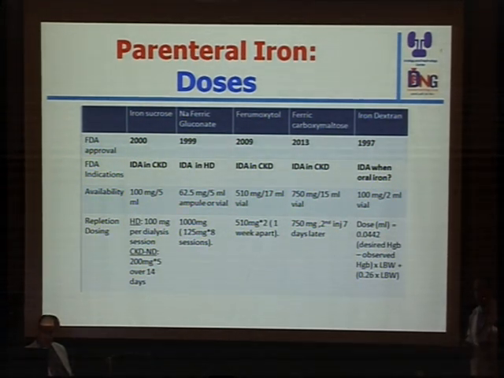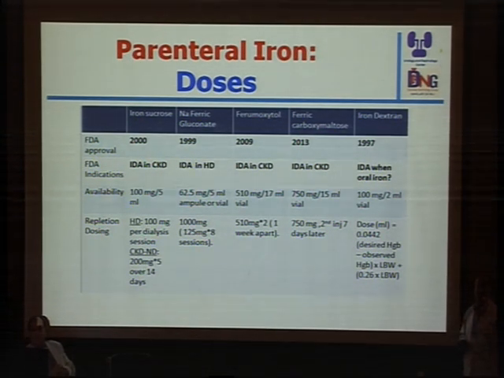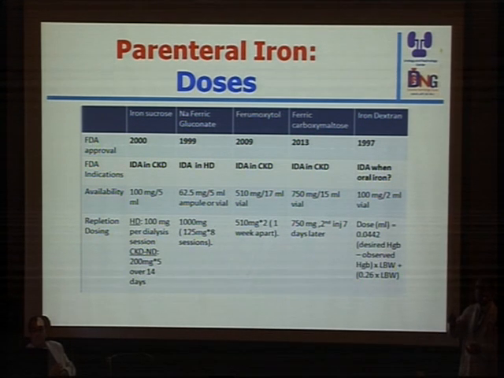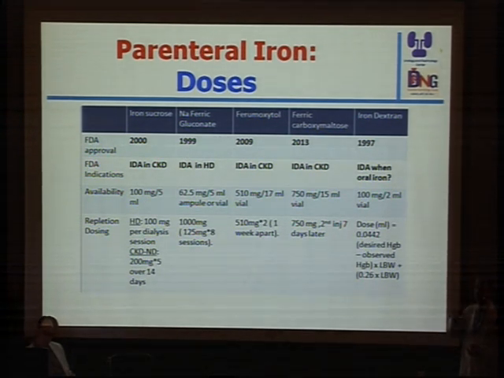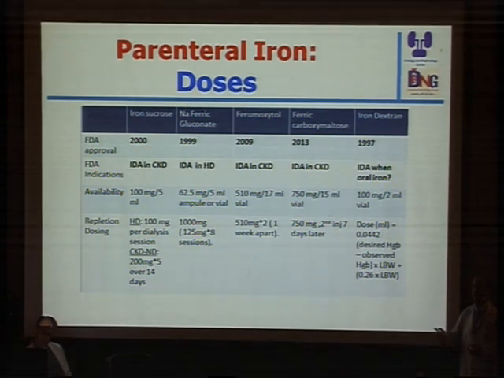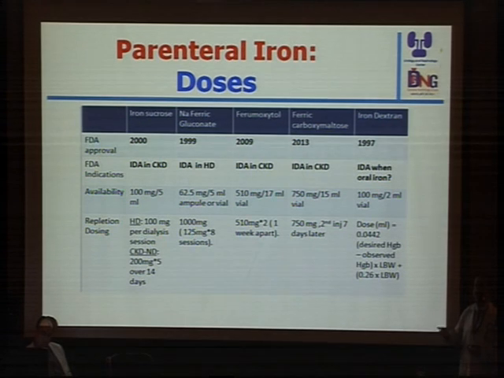So first of all, we should diagnose absolute iron deficiency. If we document absolute iron deficiency, I ask myself, what is the type and the kind of patient? CKD without dialysis, start oral. If no response after 8 weeks of adequate dose of elemental iron, shift to parenteral.